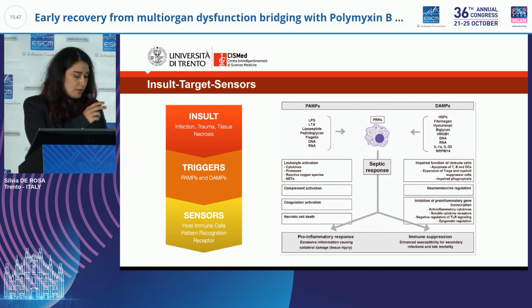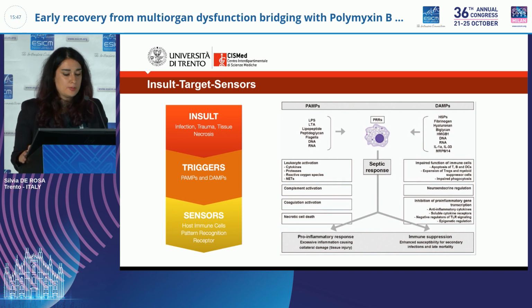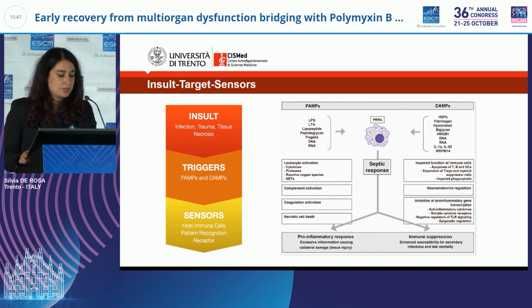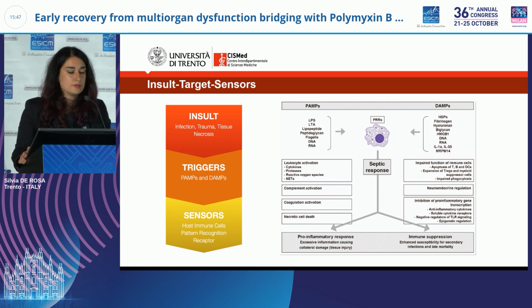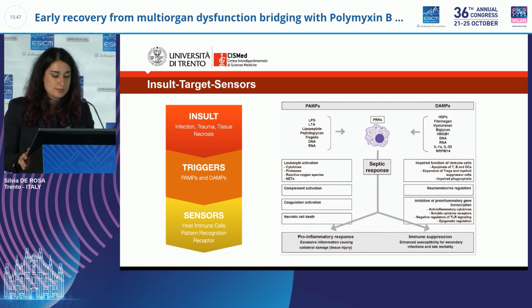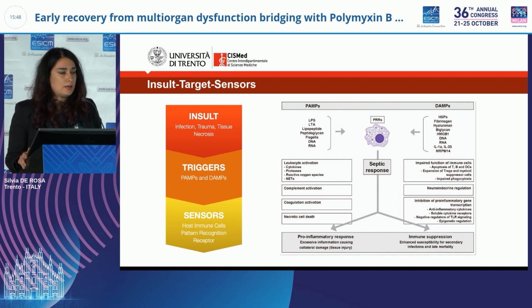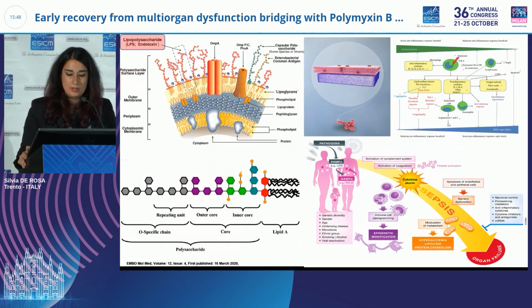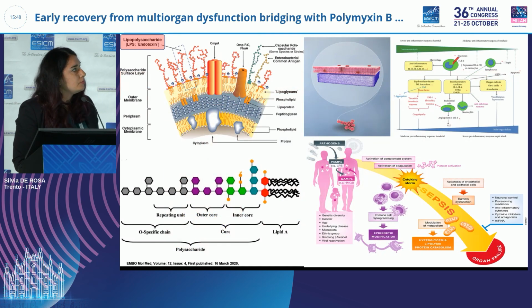And after, we have a trigger of a septic response with the leukocyte activation, complement, coagulation, necrotic cell death, and from one side we have a pro-inflammatory response with excessive inflammation with the explosion of cytokines, and on the other side we have immunosuppression that allows the body to have an increase of secondary infection and can contribute to late mortality.